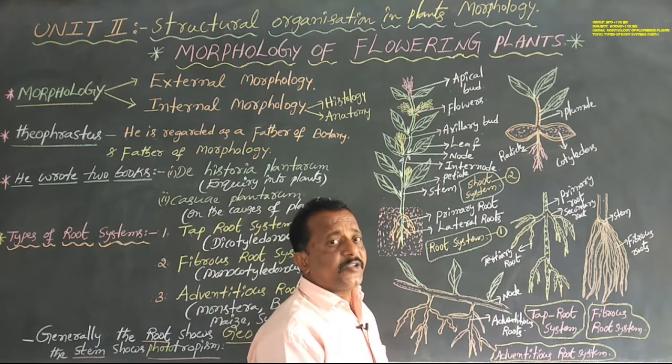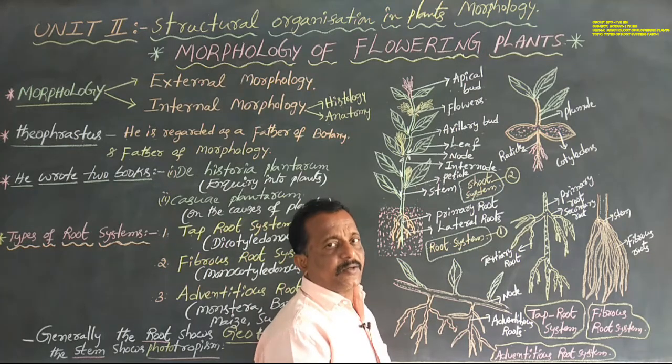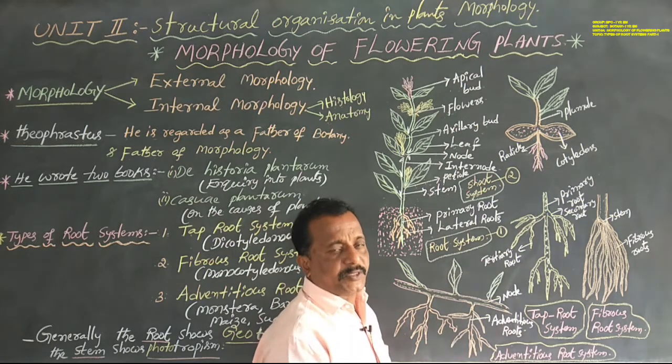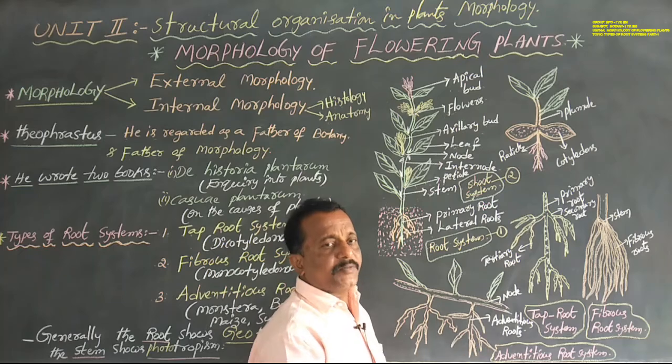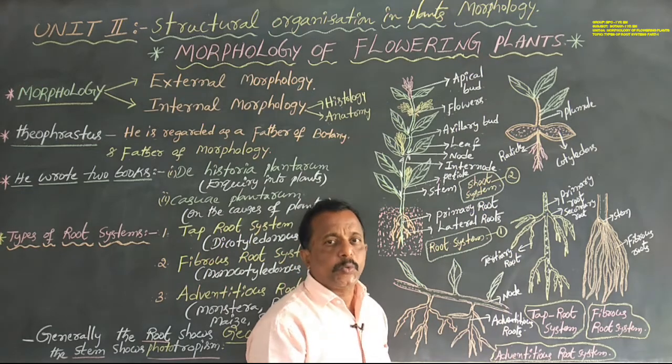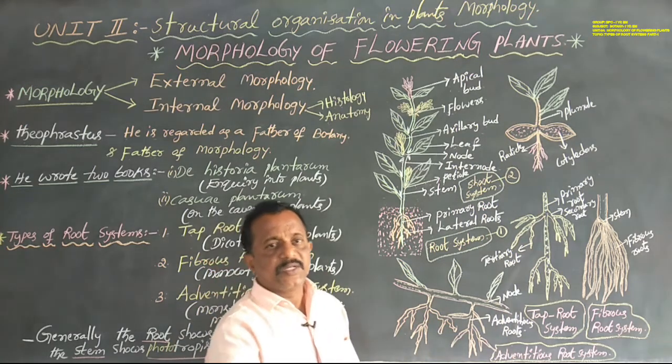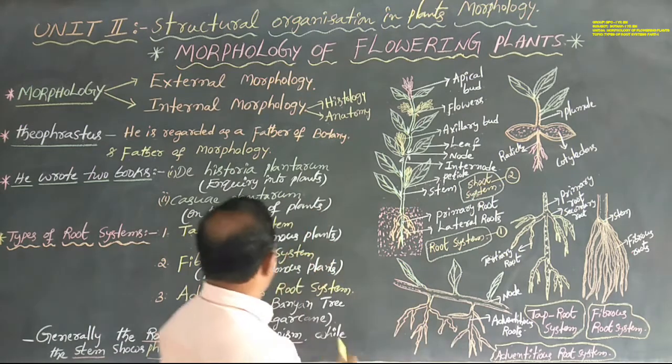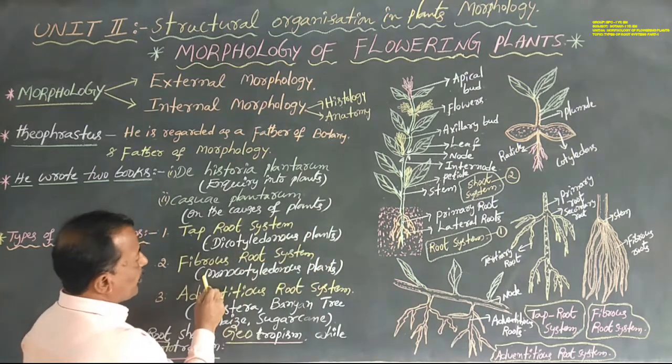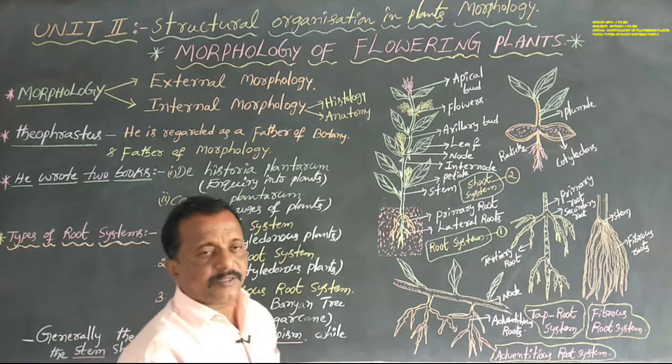These are classes in angiosperms. Among higher plants such as angiosperms and gymnosperms, angiosperms are further divided into two classes, namely first class dicotyledons, second class monocotyledons.